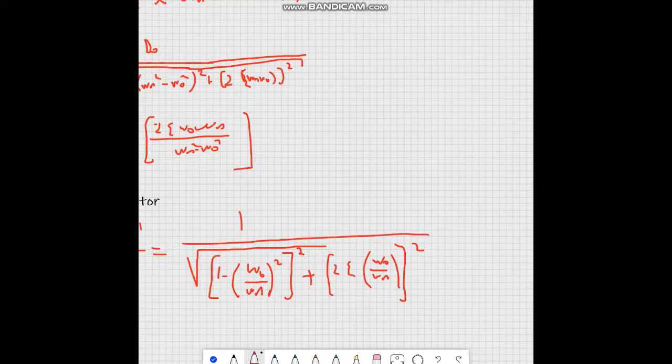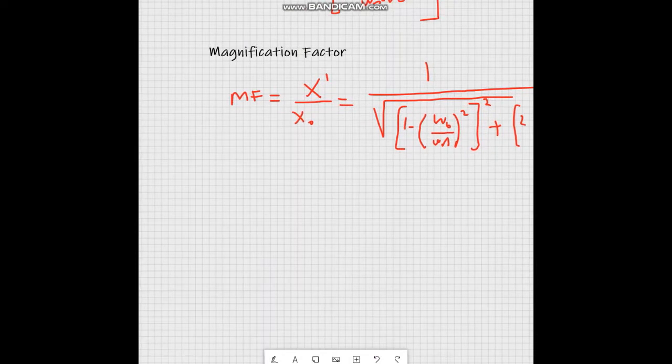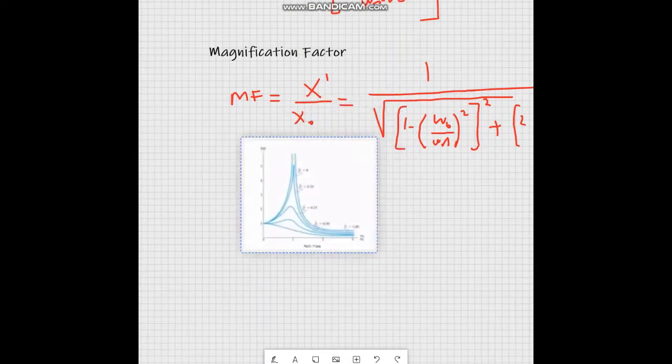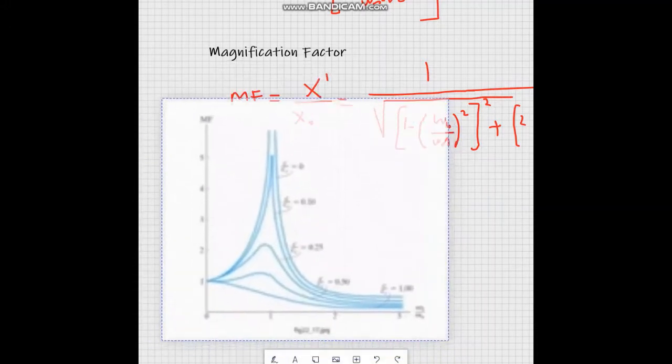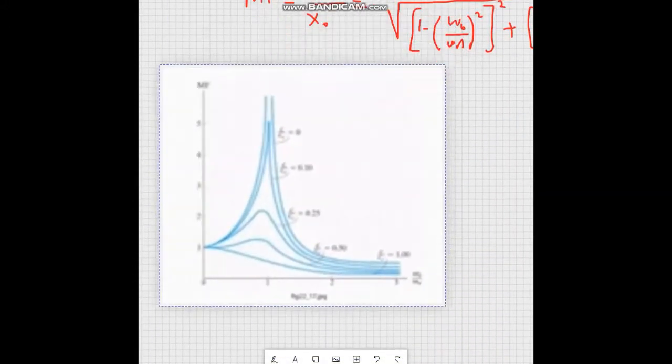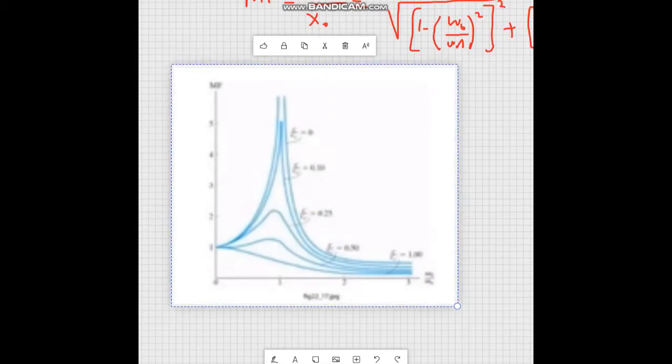As an illustration, this is how we are gonna have forced vibration, and with damping it is gonna be straight when you increase the friction damping.